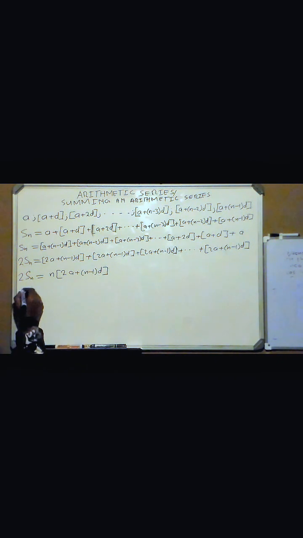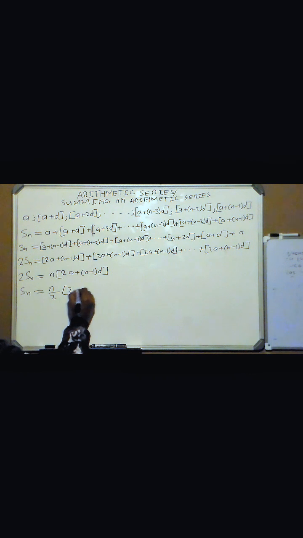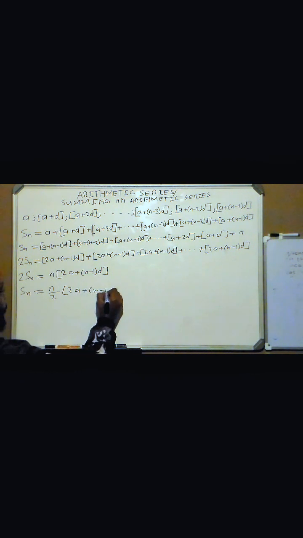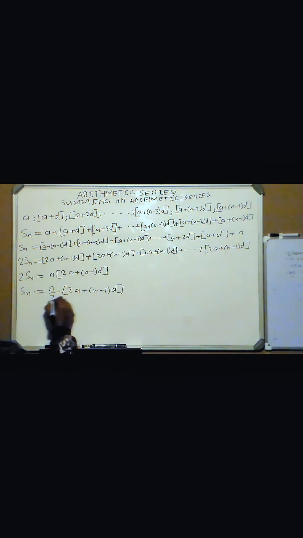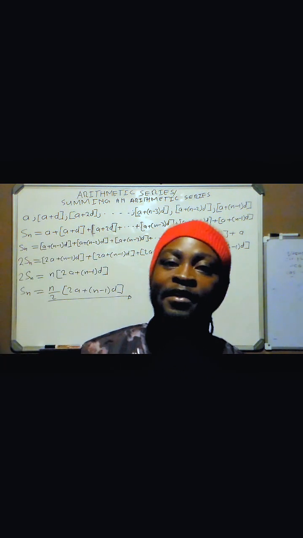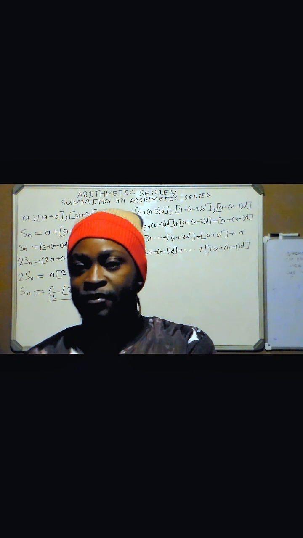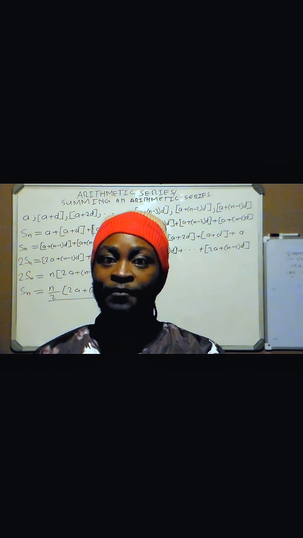And then the sum of the first n terms of an arithmetic sequence is n over 2 multiplied by 2a plus n minus 1 multiplied by d. So this is the expression that represents the sum of the n terms of an arithmetic sequence.